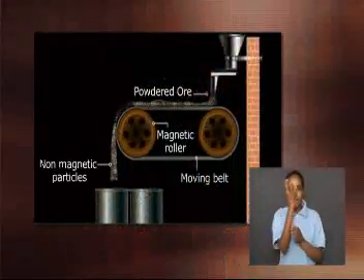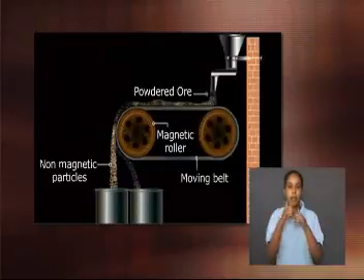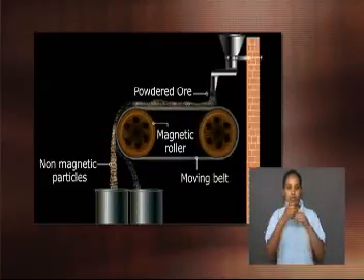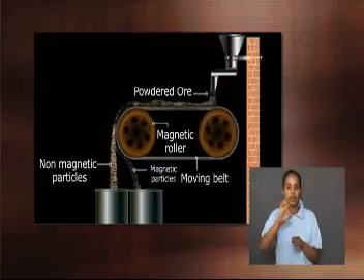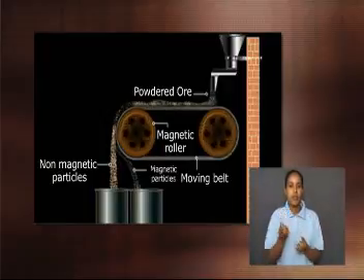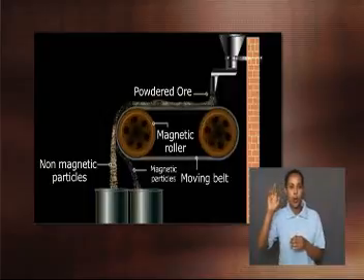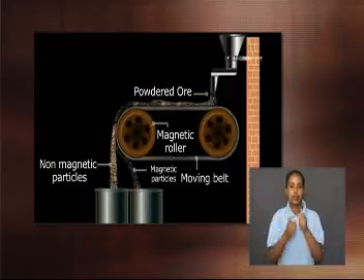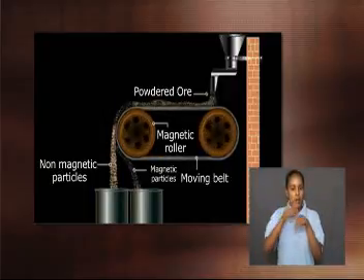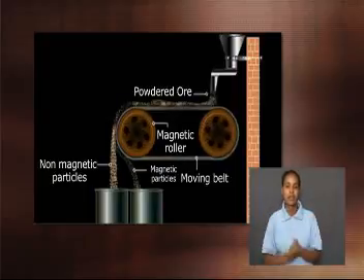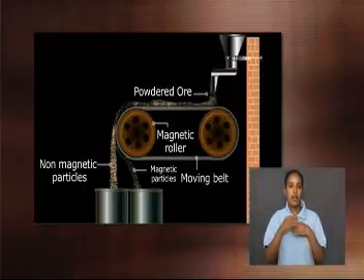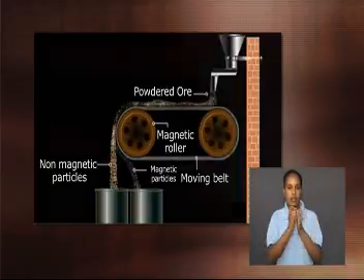Magnetic separation is another process used to separate GAN from ore. This is mostly used to separate ferromagnetic minerals, which are minerals that can be permanently turned into magnets. Mineral magnetite is one example.